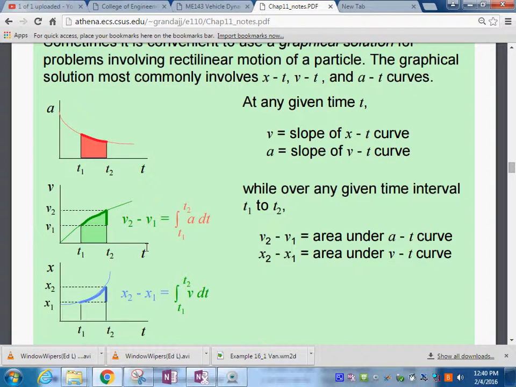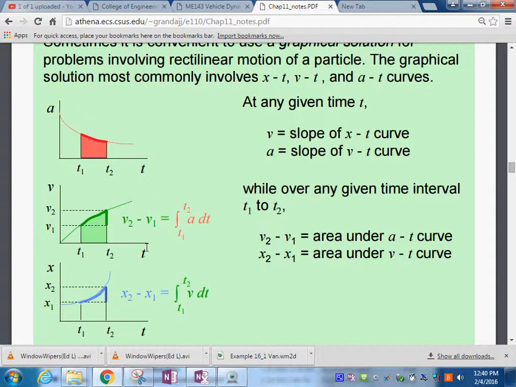In fact, that's where the first equation of motion comes in, because if you integrate this, you're saying that the change in velocity is equal to the acceleration times time.